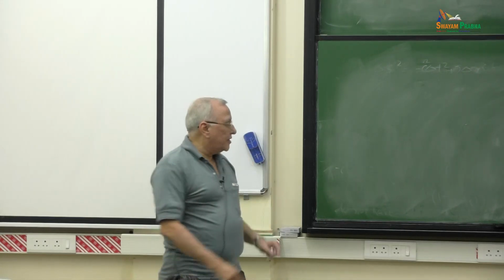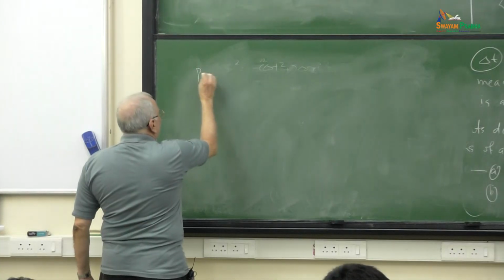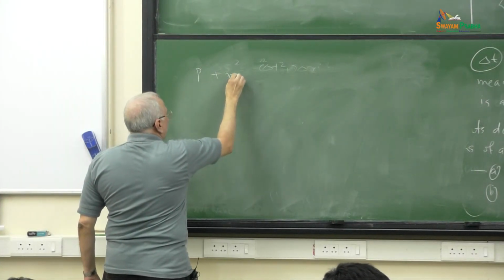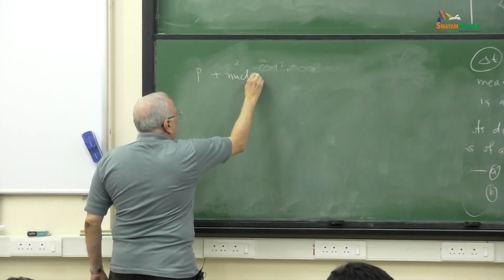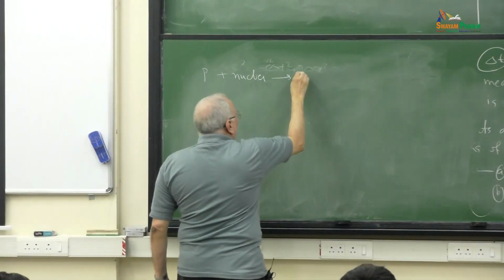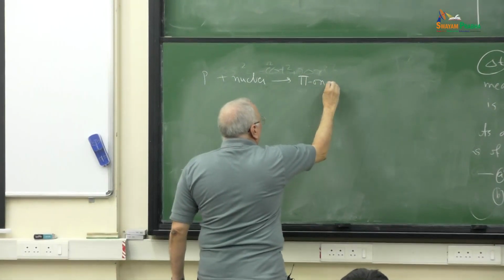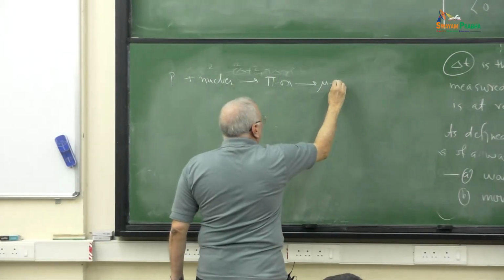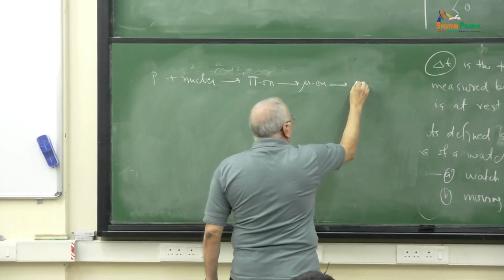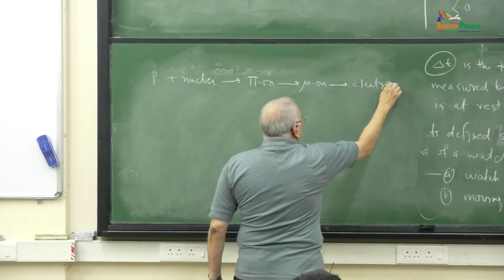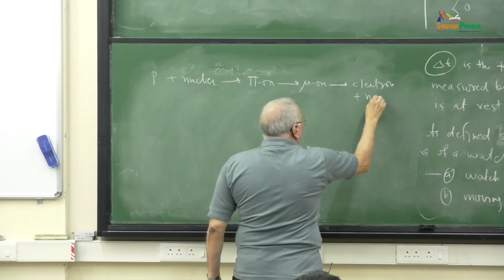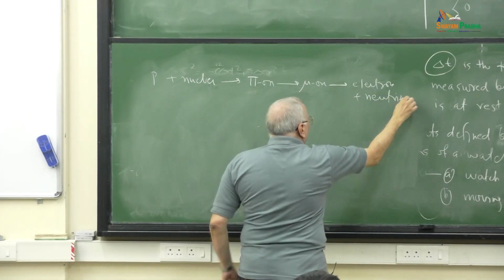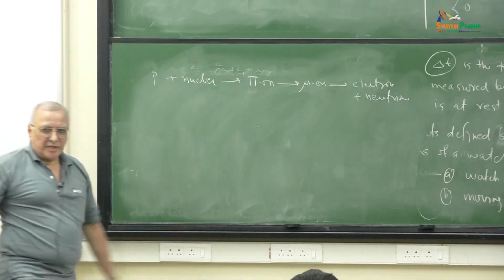Now, you have the process: proton plus nuclei goes to pions, which go to muons, which go to electrons plus neutrinos. This is the elementary process which takes place.